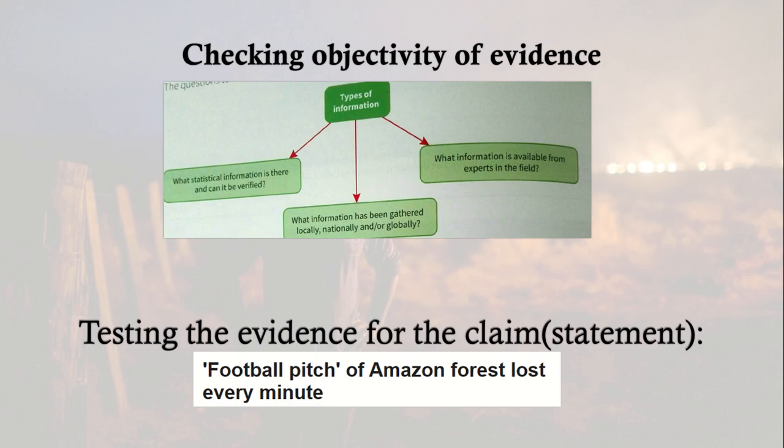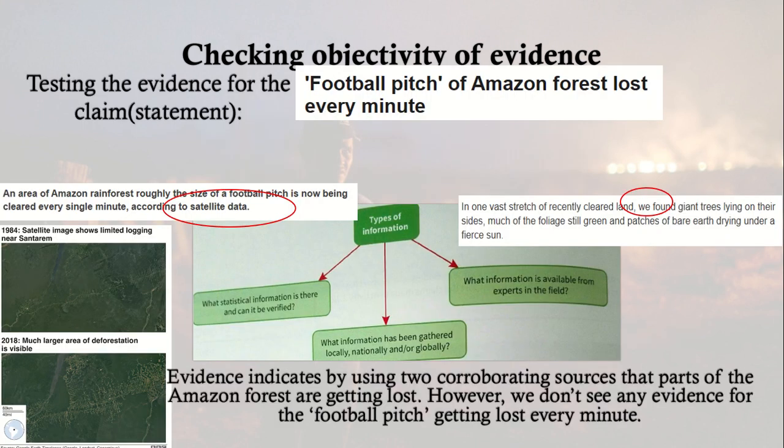Let's apply this to the article of David Schickman on the Amazon rainforest, because he claims that one football pitch is getting lost every minute. Let's see what types of information he presents to us.